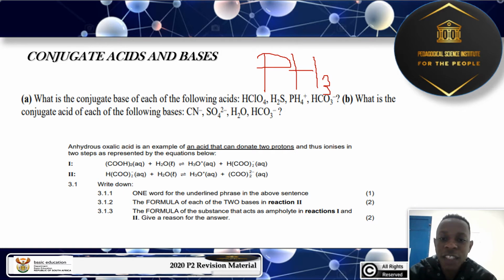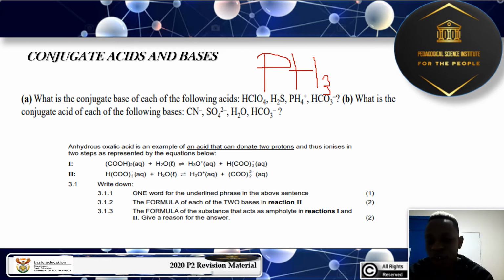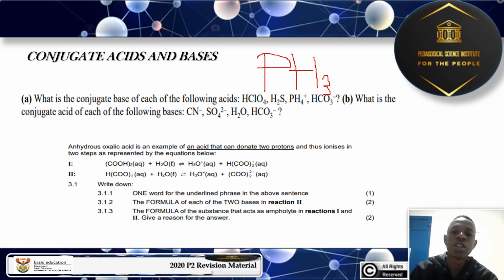It was PH4 plus, and because it has already donated 1, what are we going to have at the top? Nothing. Because it was plus, now it is neutral, which is PH3.